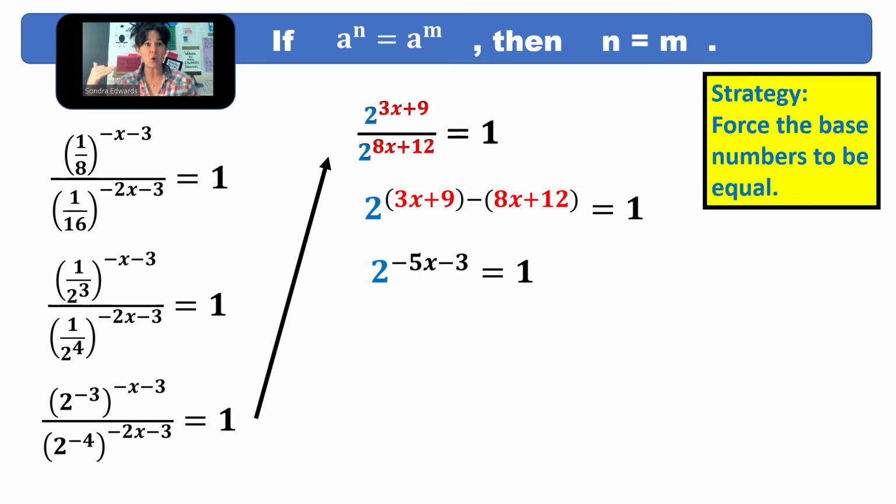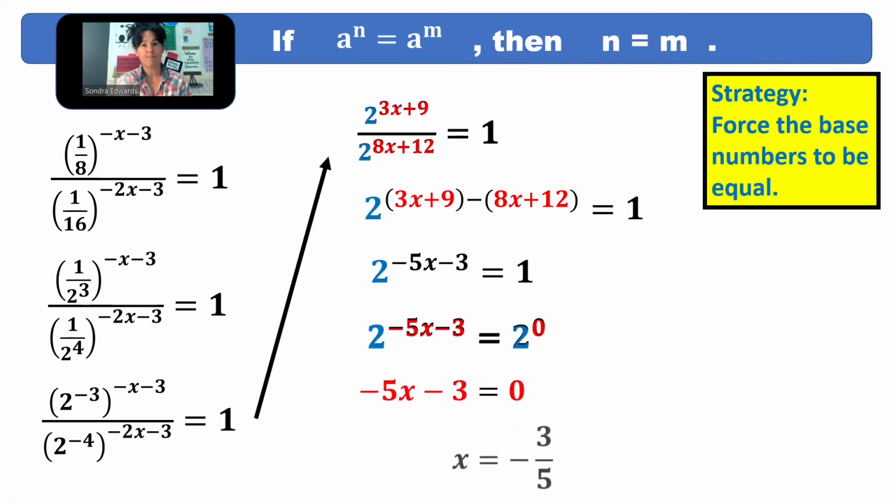It's nice to file away, though, if you are using the one-to-one property, that anytime you have the number 1, you can rewrite it with any base you want, because any base to the 0 power equals 1, forcing there to be like bases on both sides, matching bases. Now I could set those exponents equal.